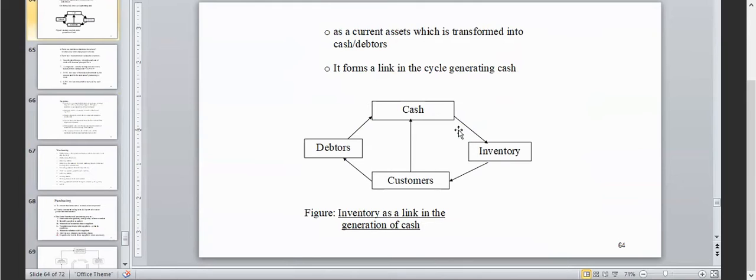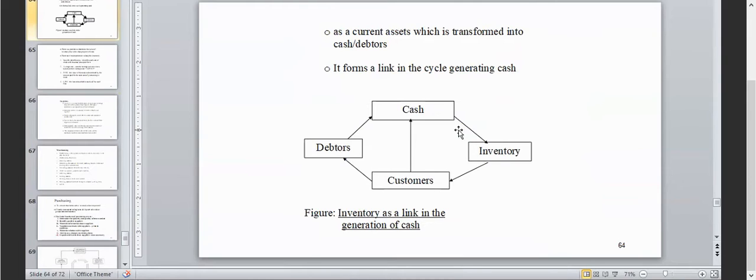So as a current asset, it is transformed into cash or debtor. So this is the figure, the link of the cycle generating cash. We need cash to buy the inventory, and after we have inventory, we sell it to the customer.